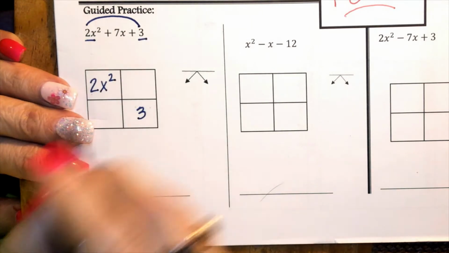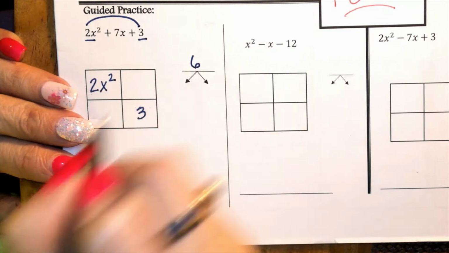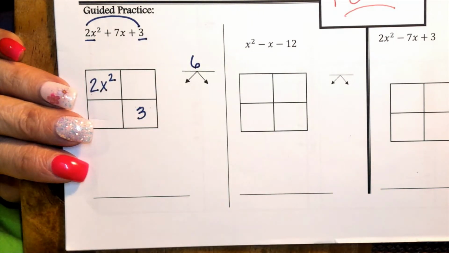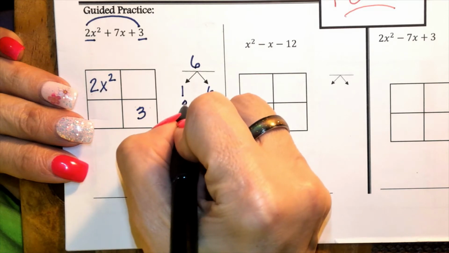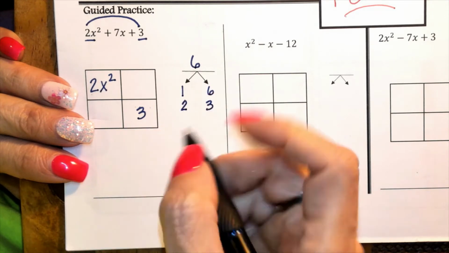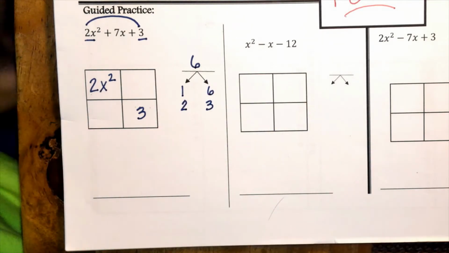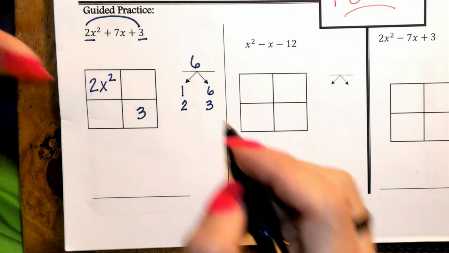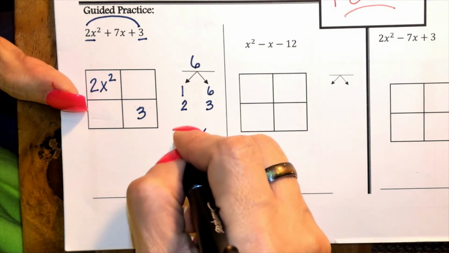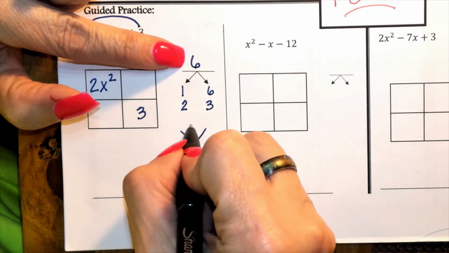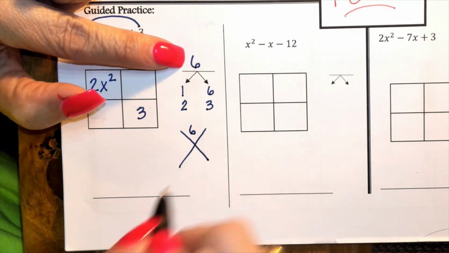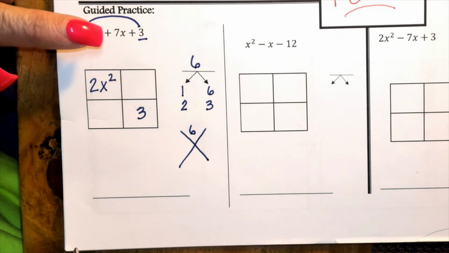All right, find the factors of this term. Factors of 6. 1 times 6, 2 times 3, and then you get to 3 times 2. Once they start repeating, you don't have to do it. Here's what I need. I'm going to make that x. Remember that x a while ago? The 6 goes on top. But what goes on bottom? The middle term over here. So we are going to circle that, and that's what goes on the bottom.